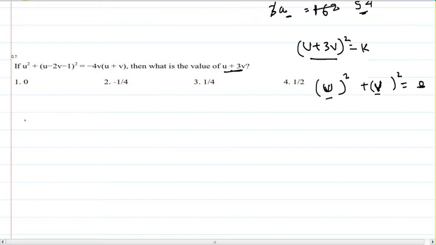Let me expand this for you. I have got u square plus, this is a, b and c. So a square, b square, c square plus 2ab plus 2ac.